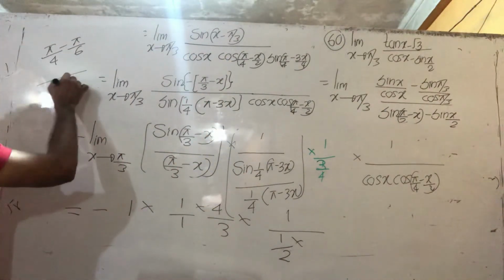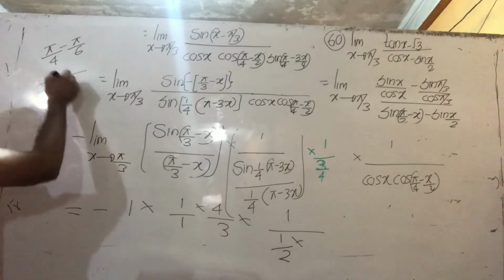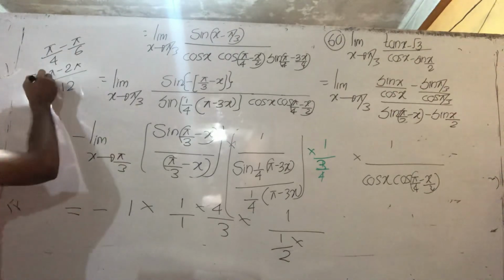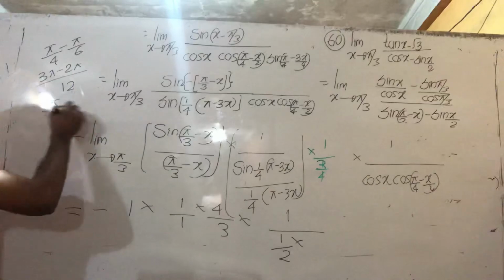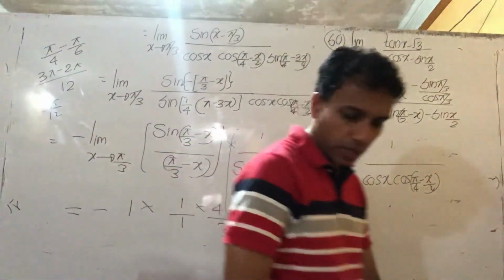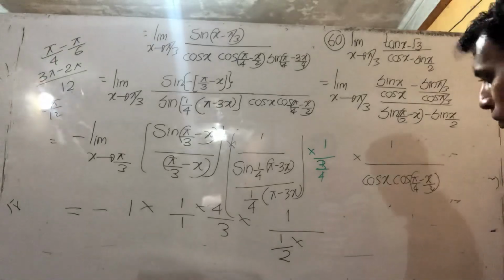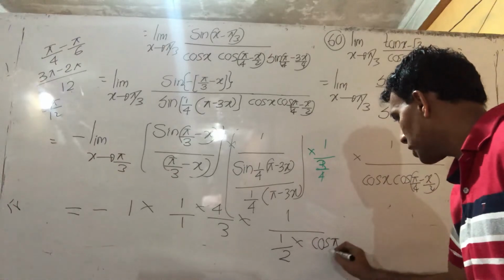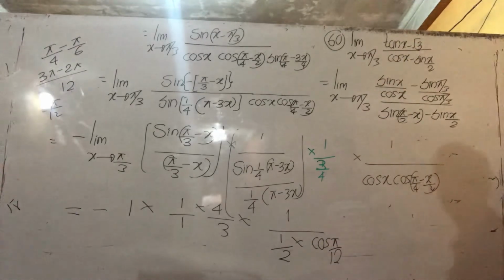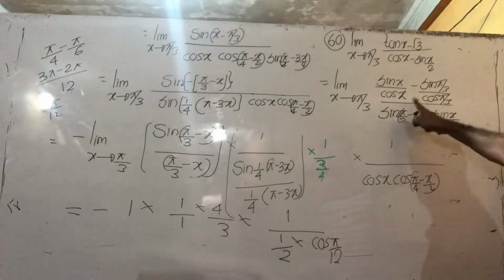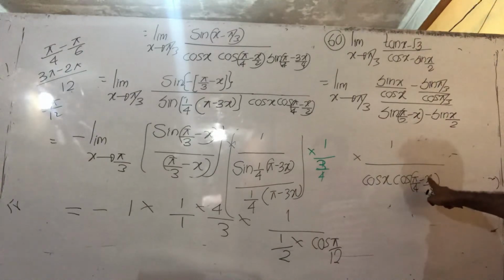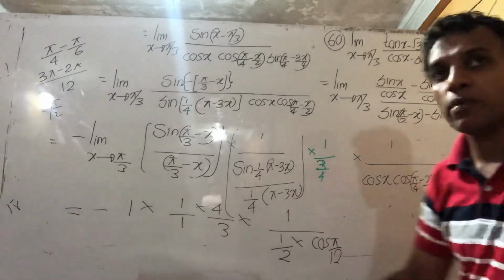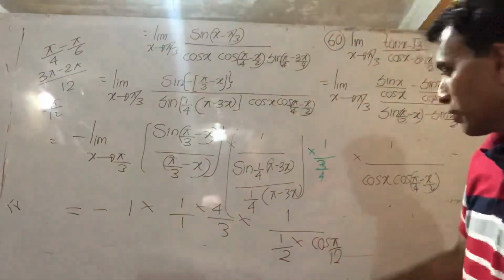Pi by 4 minus pi by 6. The LCM is 12, here 3 pi, here 2 pi. So what is that? Pi by 12, is it? Is it cos pi by 12? Check the value. With x as pi by 3, pi by 6, 45 minus 30 is 15, pi by 12, okay, that's right.